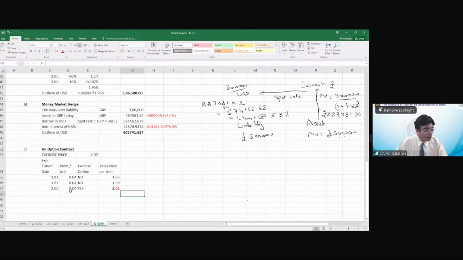All right. Now that I have found out my total price, what will be my total outflow in that case? The total price for 300,000 GBP, right?